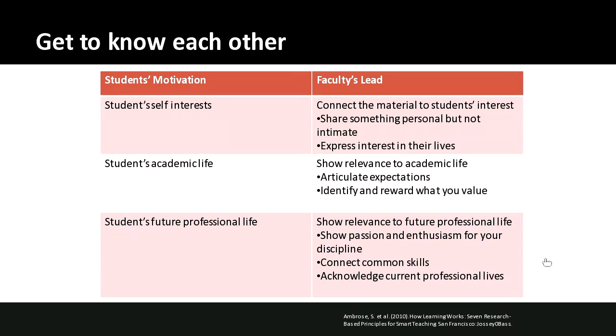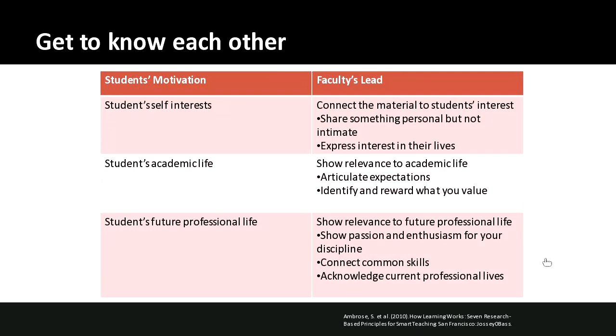Connect any common skills that they may be acquiring through this course. So are they going to become maybe a better professional academic writer? Are they going to learn better time management skills? Are they going to learn how to use a spreadsheet more efficiently?